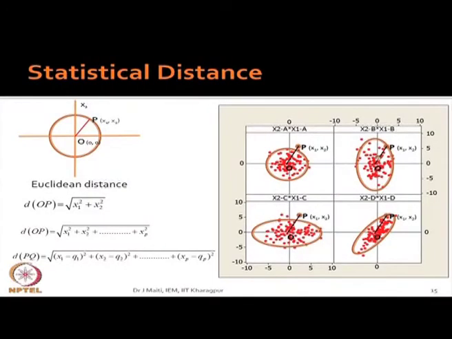Can you tell me the difference between this figure and this figure? If I say this is quadrant 1, quadrant 2, quadrant 3, quadrant 4, look at quadrant 1 versus quadrant 3.